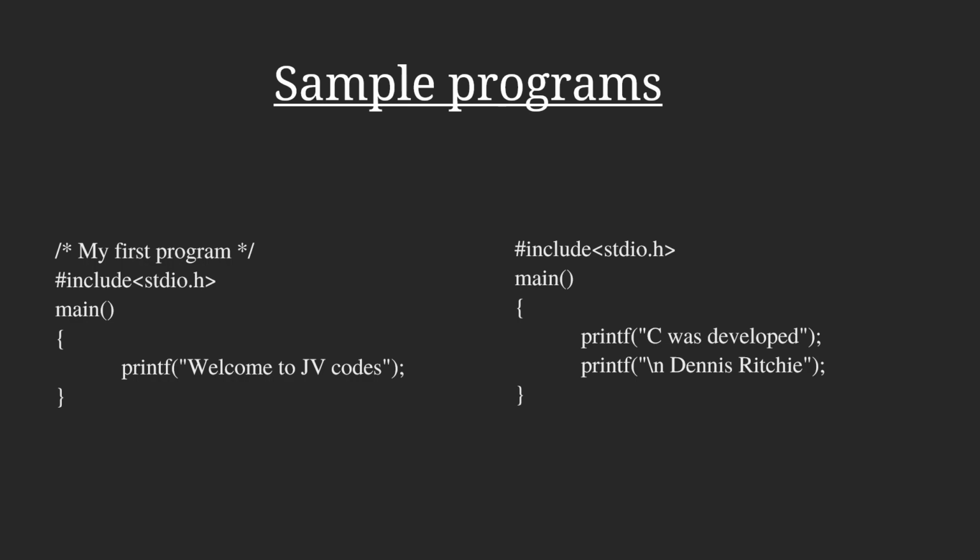Main is declared, and printf is the declaration part enclosed with curly braces. A user-defined function is also not required for this program. In the second program, I have mentioned another example, that C was developed by Dennis Ritchie. Here \n represents the next line of the printf statement.